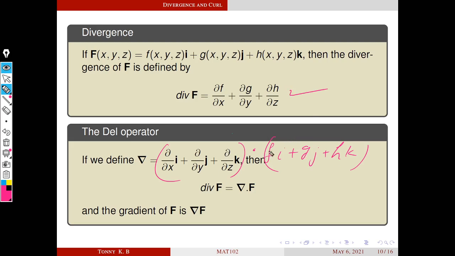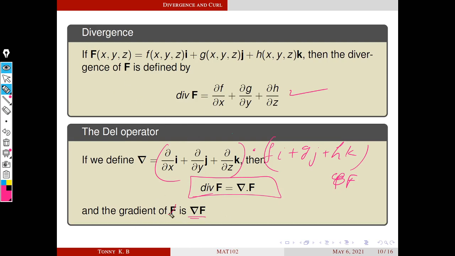So we can define the divergence in terms of this del operator. This is a compact notation: div f, the divergence of a vector field f, is equal to del dot f. Using this del operator, we can also denote our gradient using del phi.